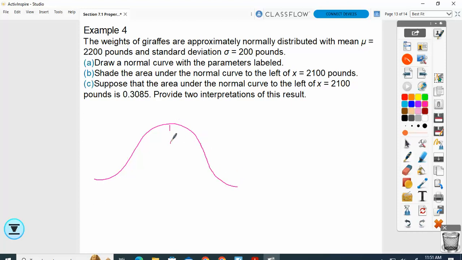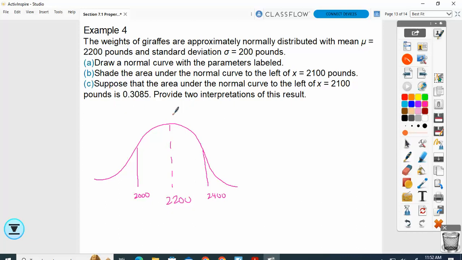Okay, the mean was 2200. Standard deviation of 200, so that's like saying, you know, one standard deviation would be here and here. So, that's part A. We labeled everything.